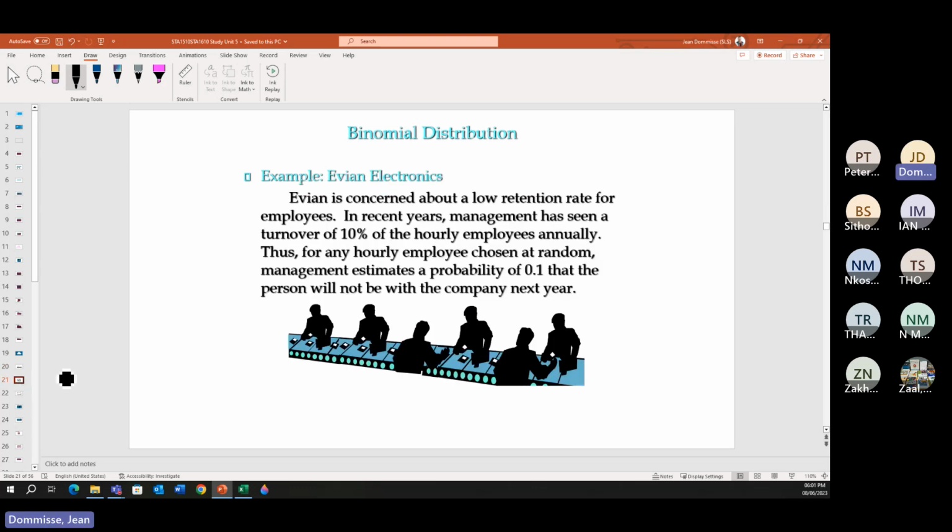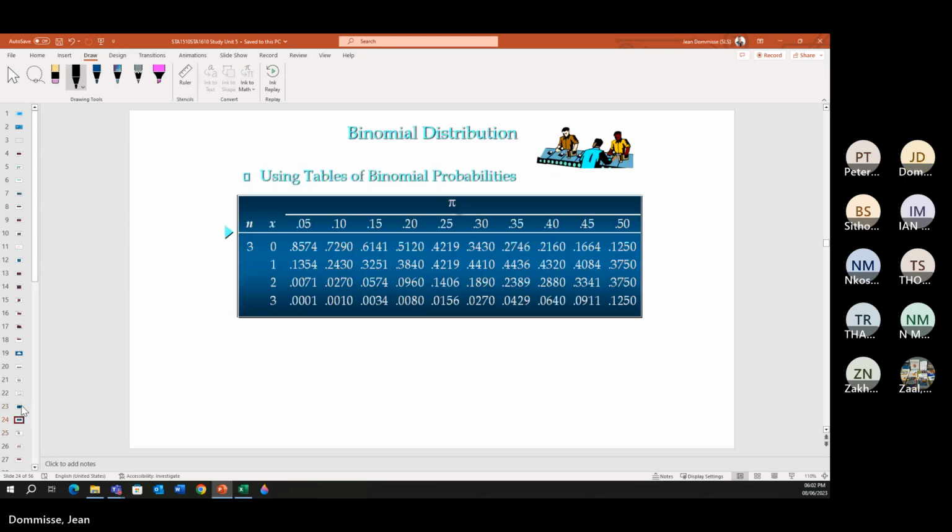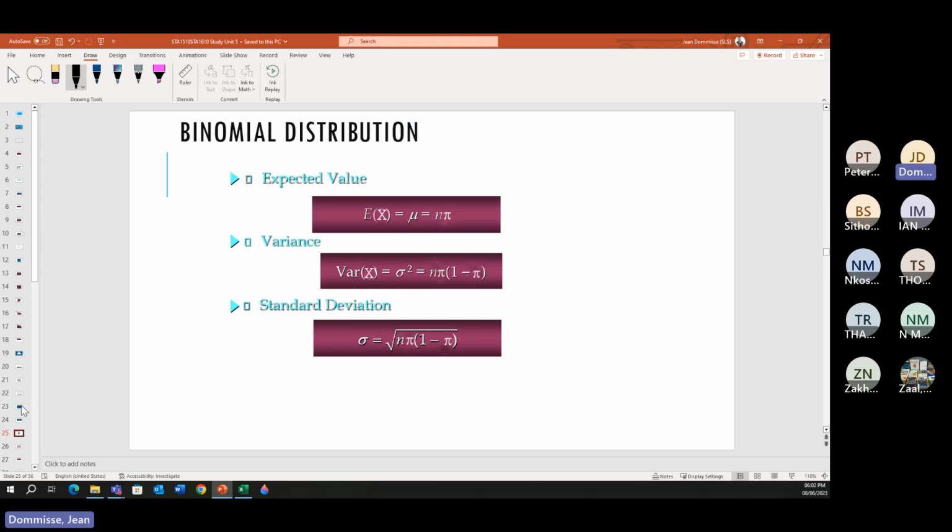Okay, then the way to calculate the expected value, variance, and standard deviation. So now it's a bit different. The expected value is, and this is normally always in the question that they will ask you as well, n, that is the sample.